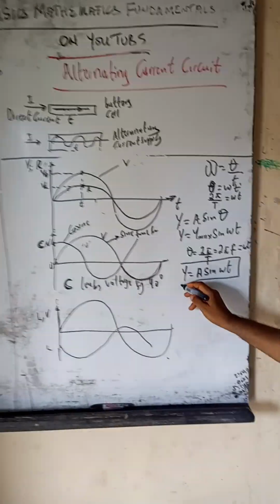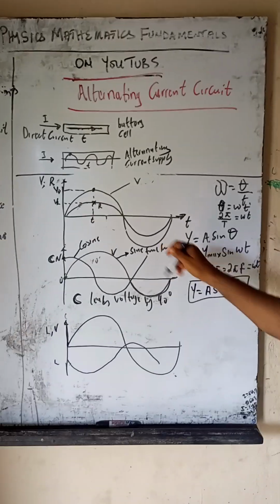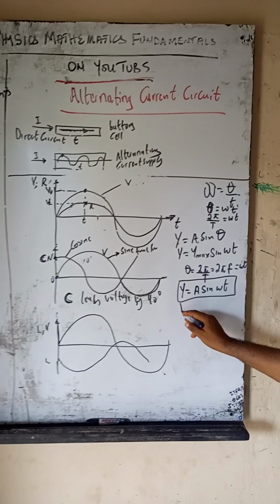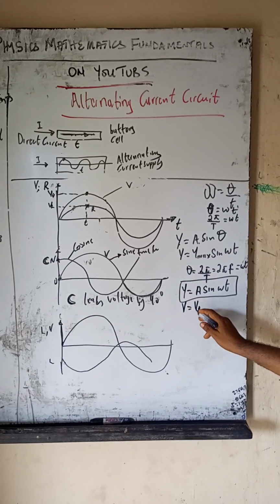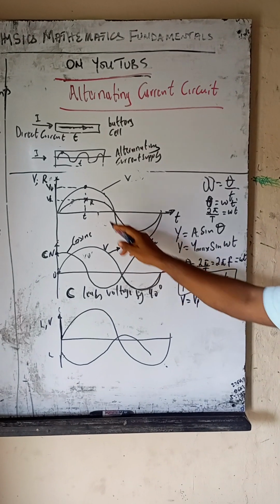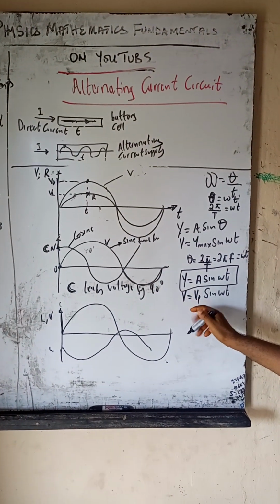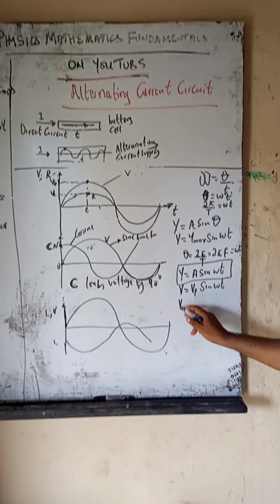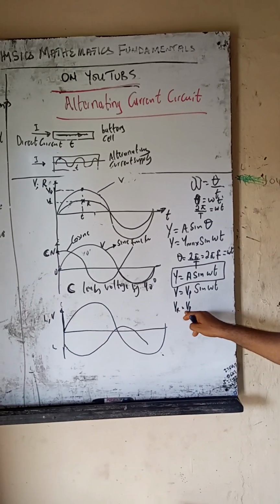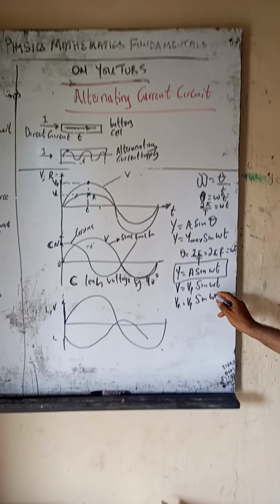So this expression I have here is for the voltage and the resistor. So for my voltage now, I can have this as V, peak value of the voltage, sine omega t. And for the resistor, V resistor is equal to V peak value of the resistor, the voltage of that resistor, sine omega t.